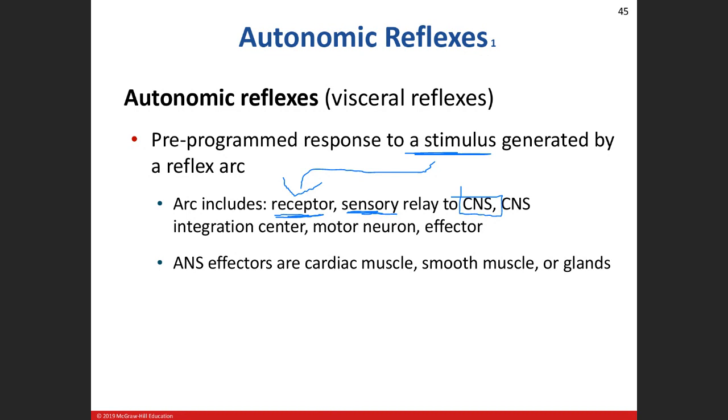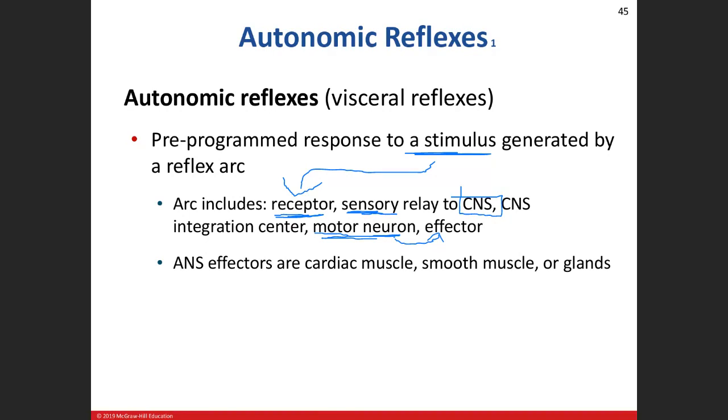That control center is going to process that information and determine how to respond. In doing so, it's going to send motor output utilizing our motor neuron, and that's going to exit out of the central nervous system and go to our effector organ.